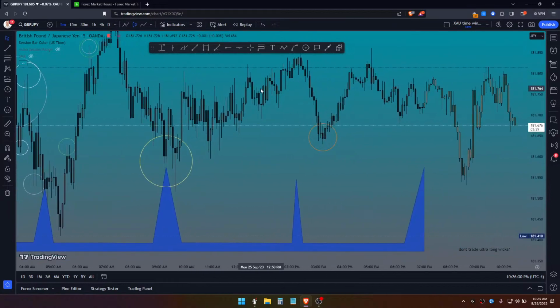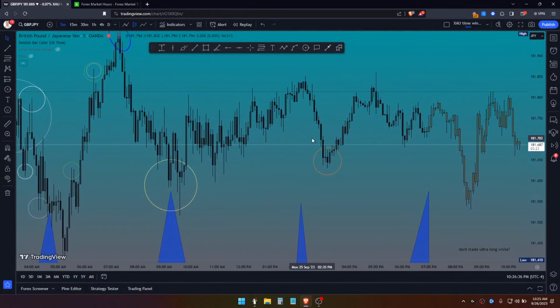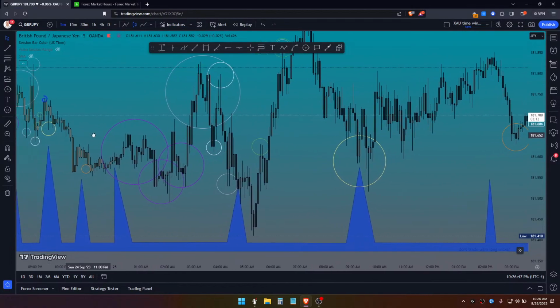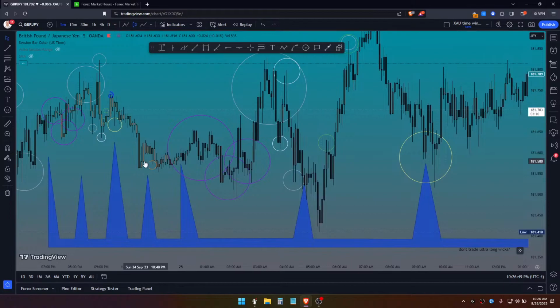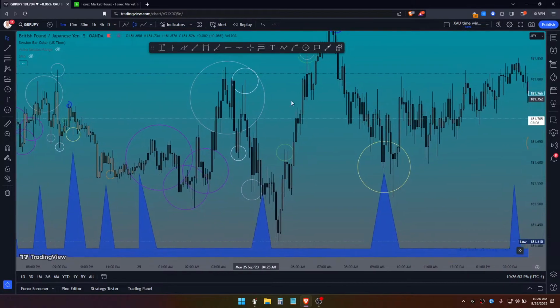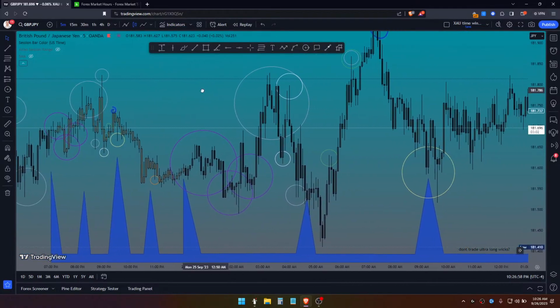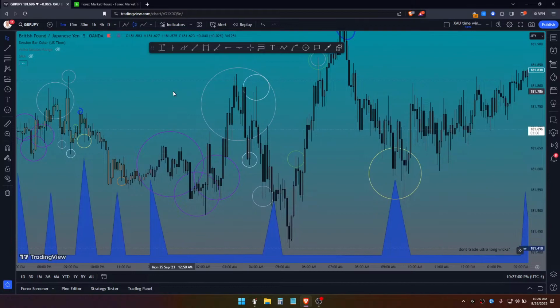But then when you're over at this area, even though the algorithm's the same, it does have to move at that time dependent on how much liquidity is in the market. So I think that has something to do with it. But using this, we're looking for the general shape of the algorithm so that we can kind of expect what to happen during the next part of the day.